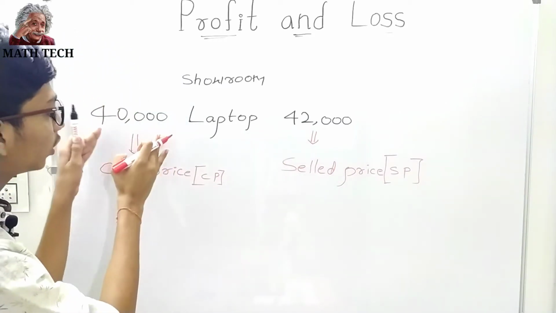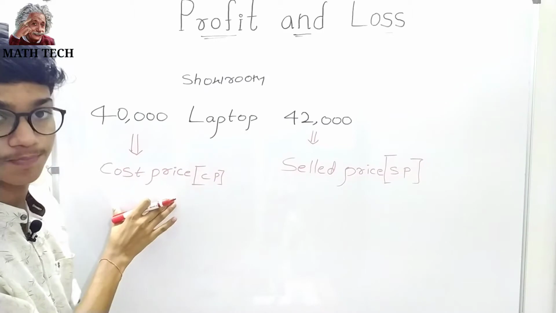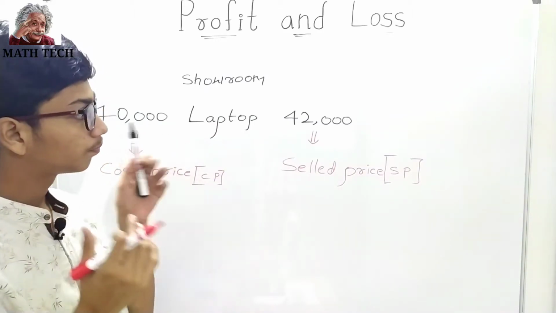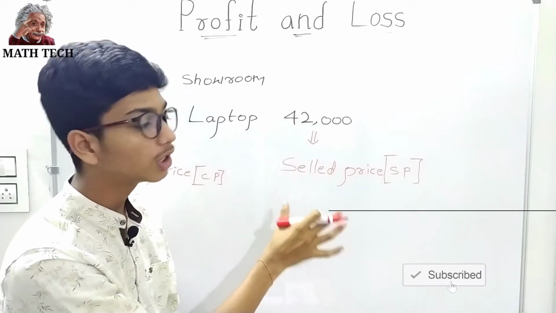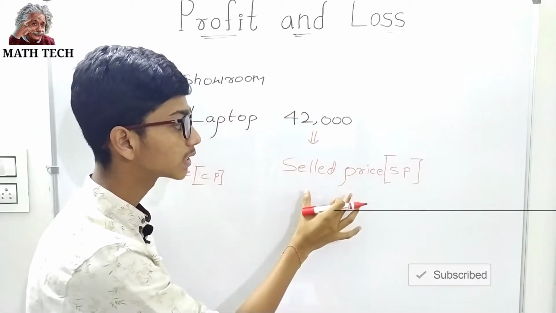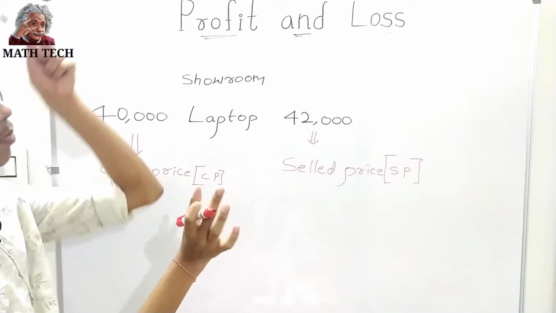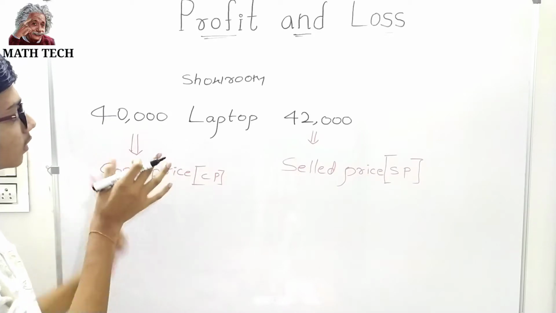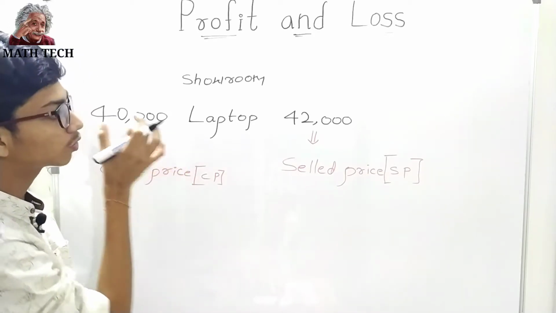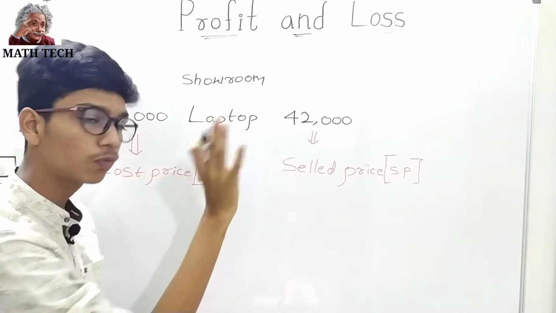This 40,000 is known as cost price, CP, and this 42,000 is known as sold price, or SP. Here we can clearly see that you have bought for 40,000 and sold it for 42,000. You got the profit of 2,000.